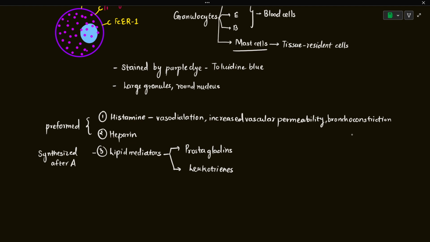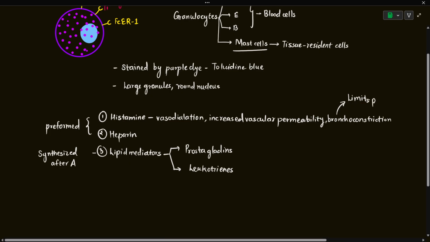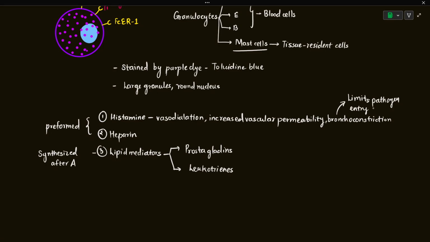If the width of the airways is decreased, there is less space for entry of the pathogen. So bronchoconstriction or bronchospasm is the way our body limits pathogen entry. This is the job of histamine.